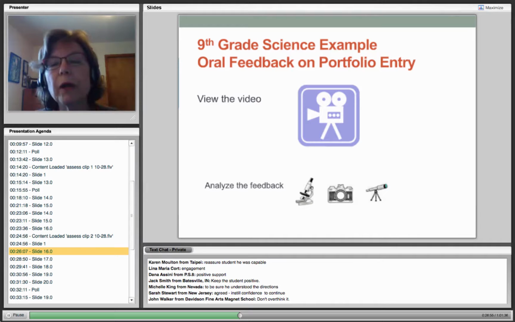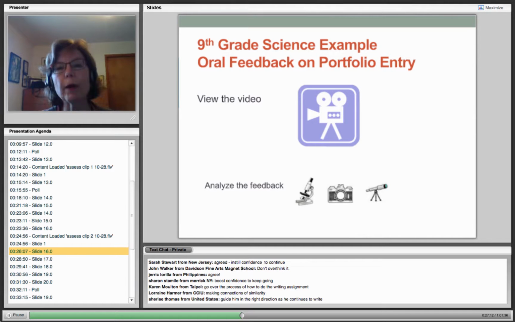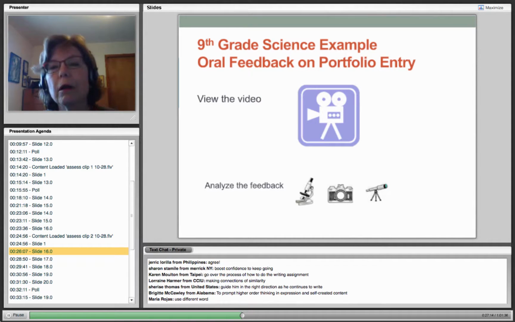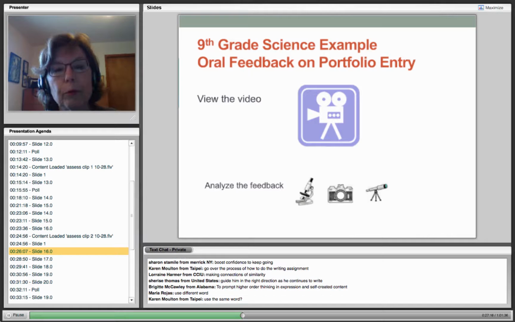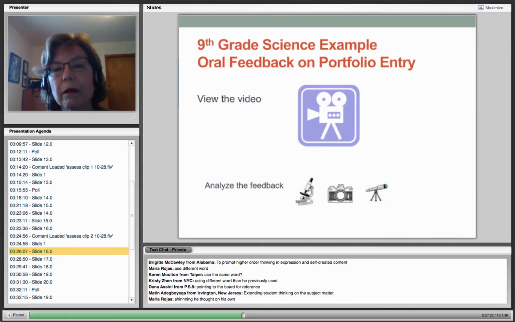There was also some content feedback going on there, but it wasn't as obvious. The student was having trouble picking a word for what the moon was going to do, and so the teacher redirected him back to a previous sentence that talked about the sun. Extending his thinking.